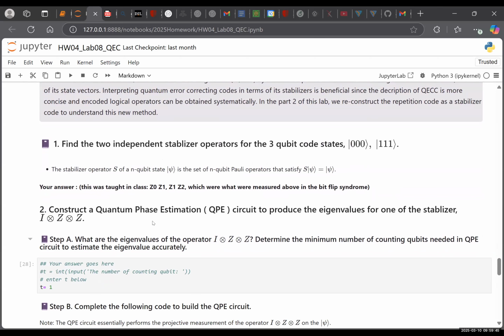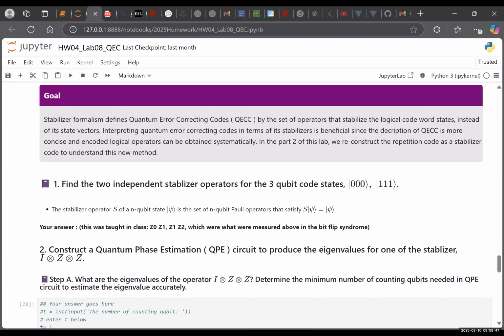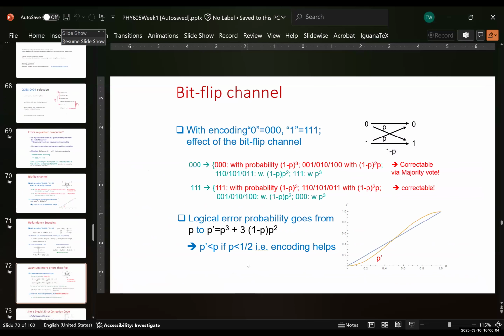Yeah, we also know that this is a stabilizer code. That's actually where the syndrome is. Let me just quickly go over that.